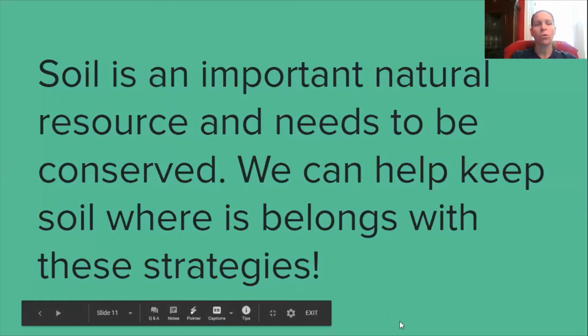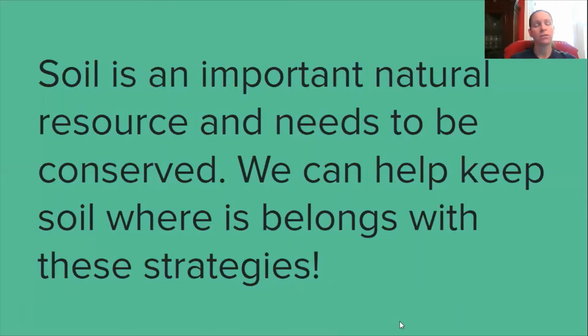So soil is an important natural resource. It needs to be conserved. It takes a really long time to make new soil. So if your soil is being eroded, it's moving to another place, and it would take you a long time to replace that soil where you're at. So we want to keep it where it belongs, and we can use those strategies we just went over.